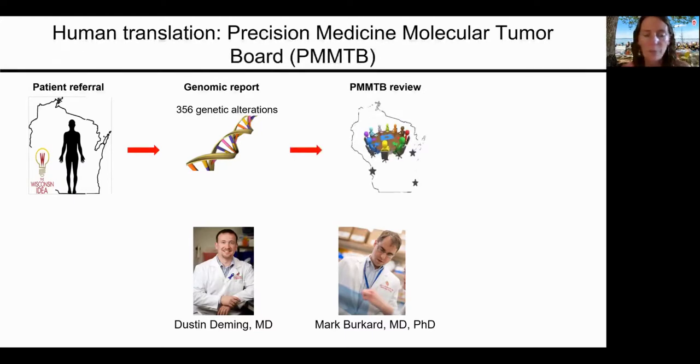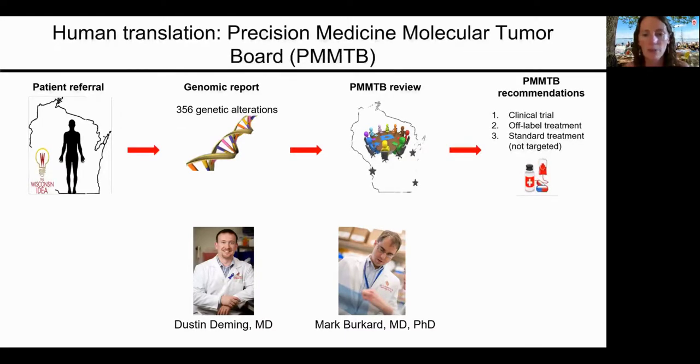And then the smart people on the review board, like Dusty and Mark, get together and look at this genomic report and then make a recommendation. So they might find that you have a pretty typical genomic report and you should go on standard treatment. They might find you have a particular mutation that makes you a really good candidate for a clinical trial.